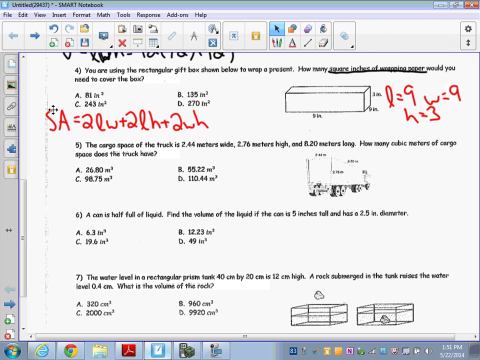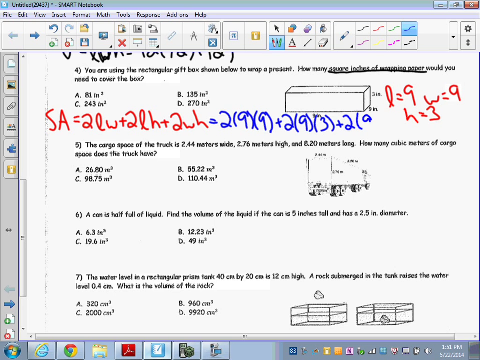So what I'm going to do is just substitute all of those values in. So again, this is another one where you just use your calculator. You type in the right buttons, and you're going to get D as the correct answer.